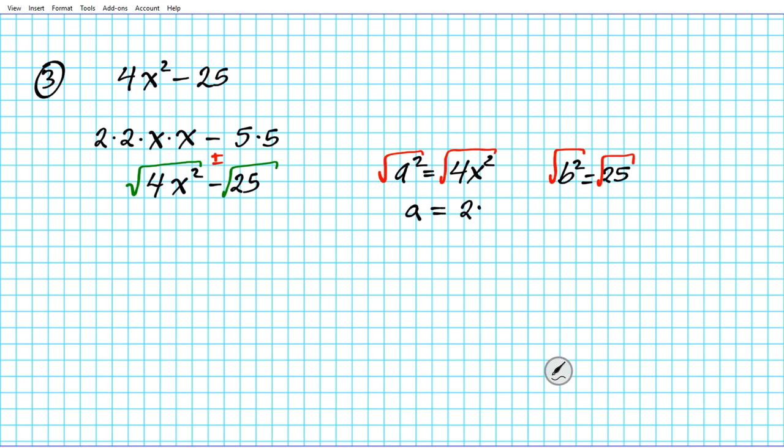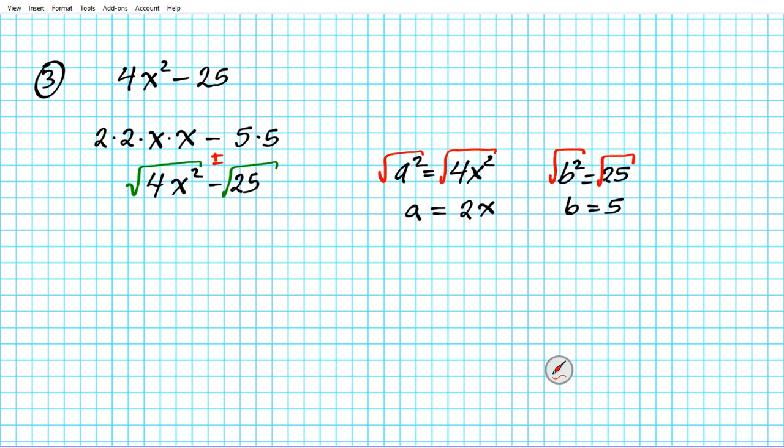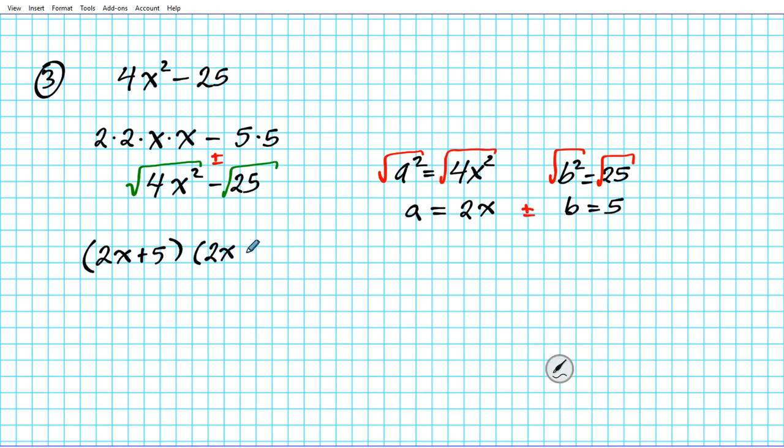You root the 4 and the x squared. A is 2x and b is 5. We're going to now write the sum and the difference of the square roots of the squares. Applying the difference of squares formula, our answer is going to be a plus b, which is 2x plus 5, times a minus b, which is 2x minus 5. Okay? That's our final result.